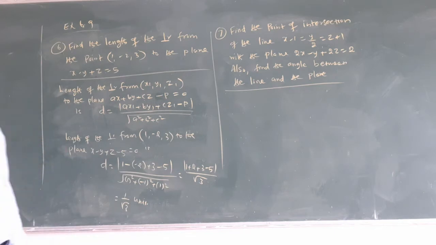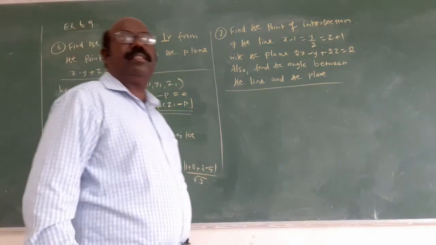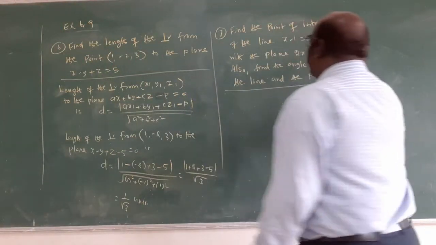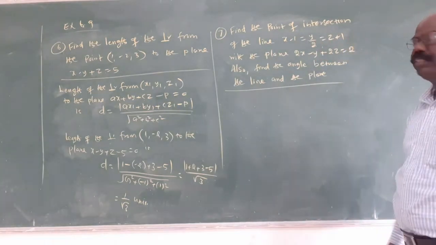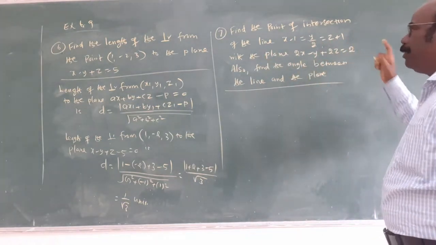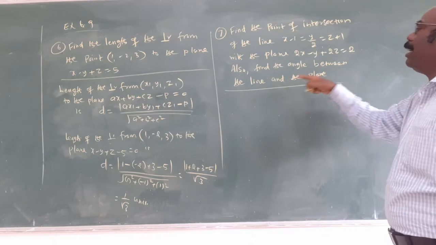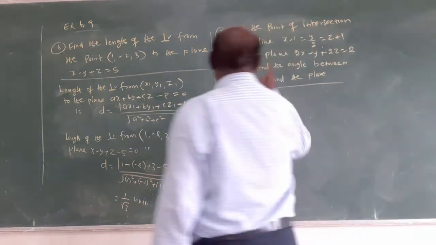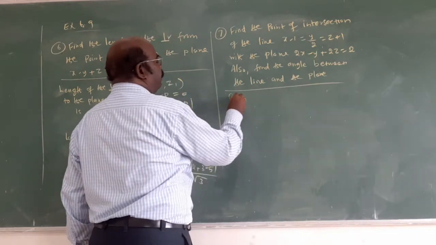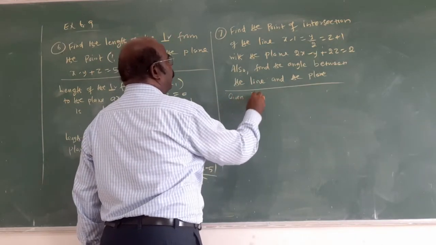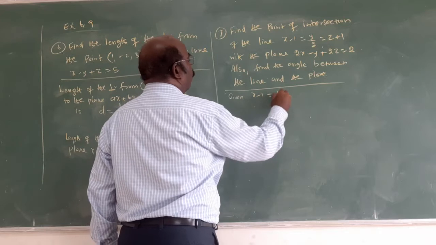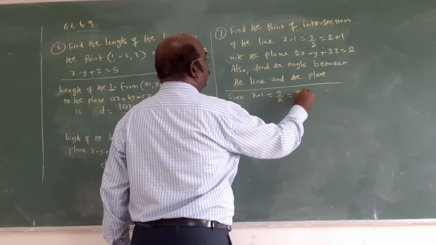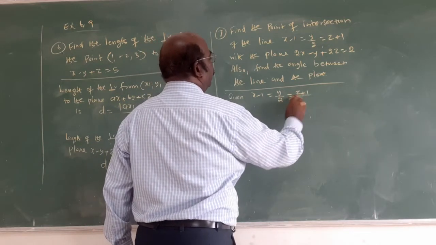Now next question, the 7th one. Find the point of intersection of this line with the plane. Also find the angle between the line and the plane. Two things are being asked. What is given? x minus 1, y by 2, z plus 1 by 1.